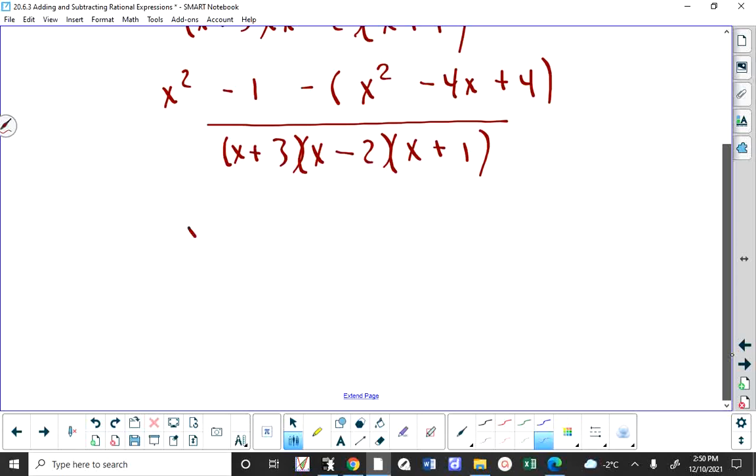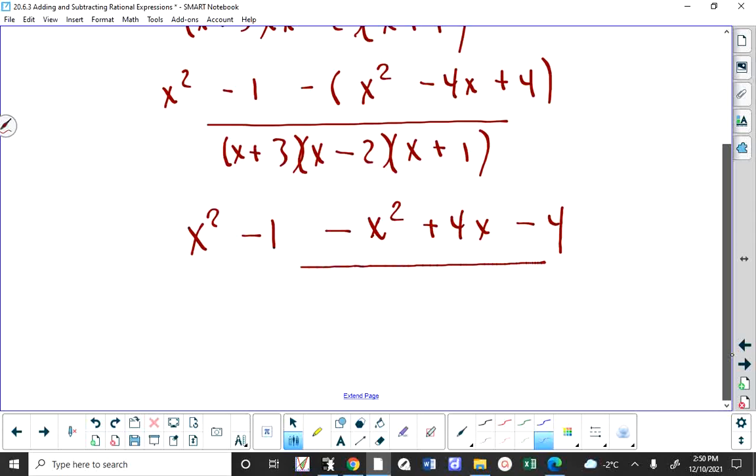Remove the brackets. So I'm subtracting x squared. I'm subtracting a negative 4x, which makes it positive 4x. I'm subtracting a 4. Oh, x squared minus x squared is gone.